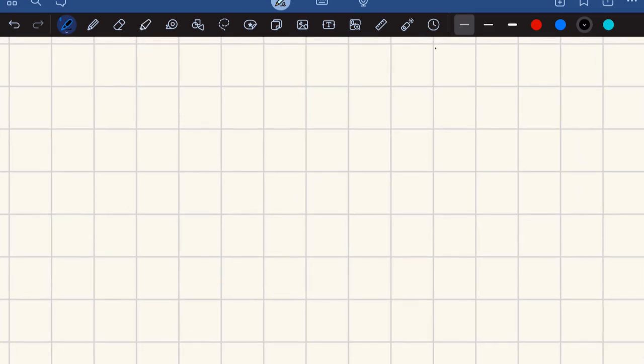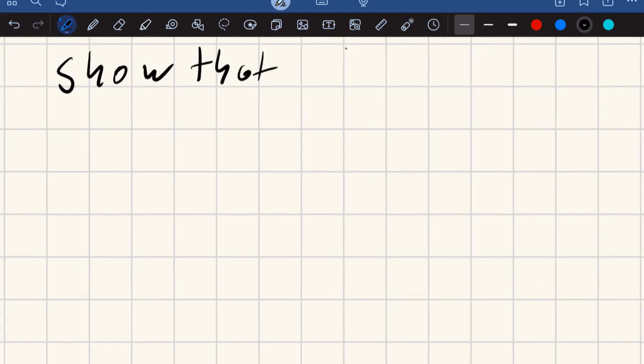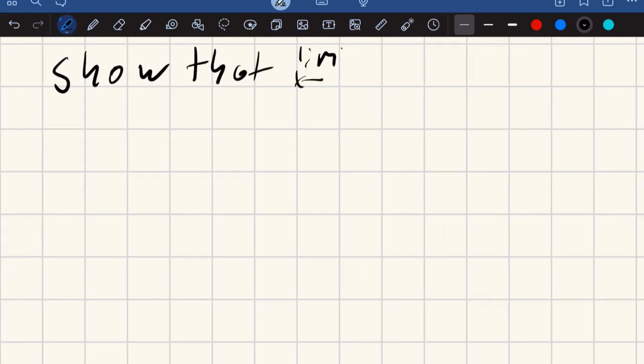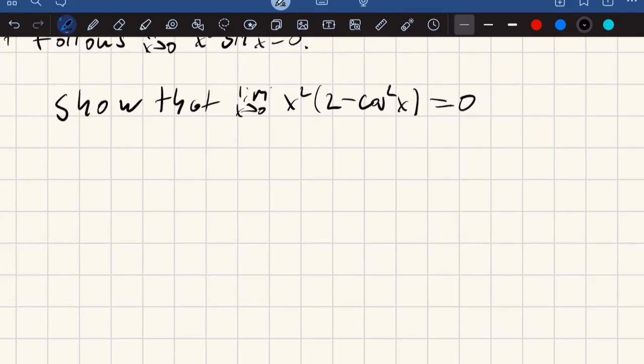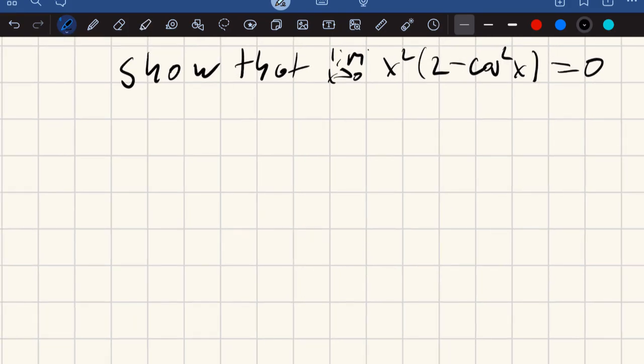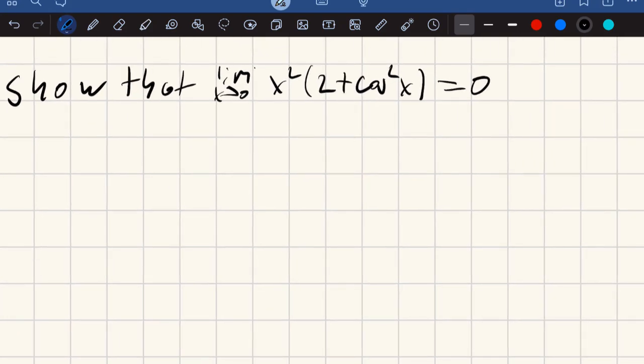So for our next example, let's show that the limit as x approaches 0 of x squared times 2 plus cosine squared x equals 0. Oh, let's make it plus. This time our trig function is cosine squared x.